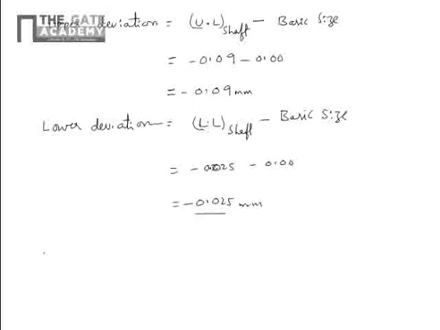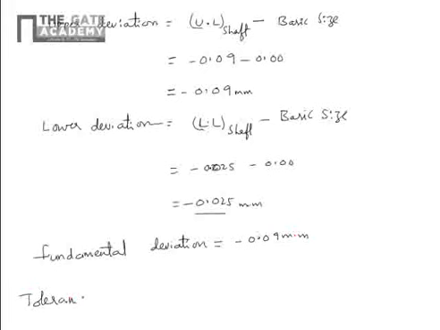So fundamental deviation is whichever is minimum out of these, which is minus 0.09 mm, the upper deviation. So next, tolerance calculation.